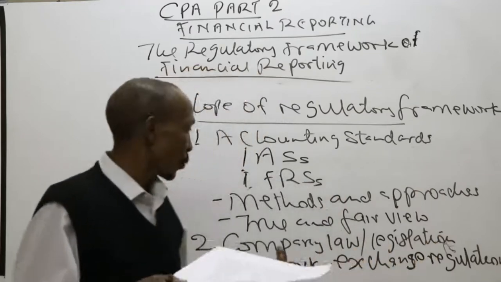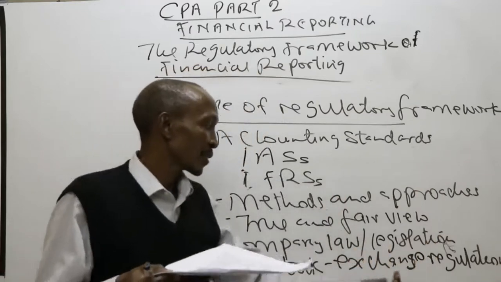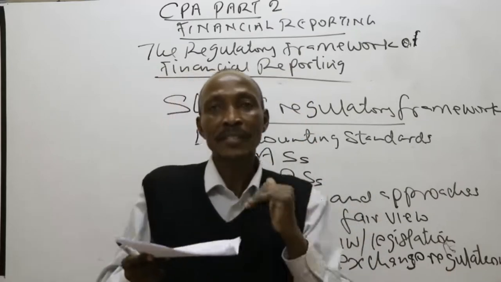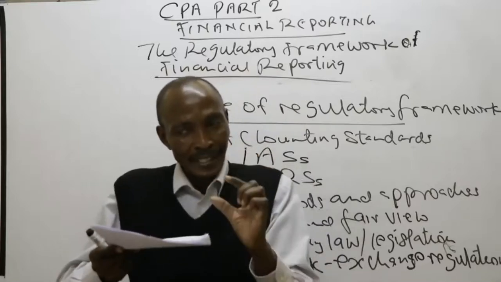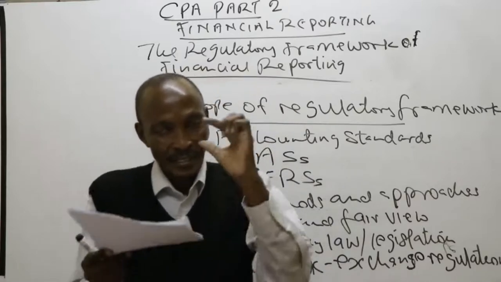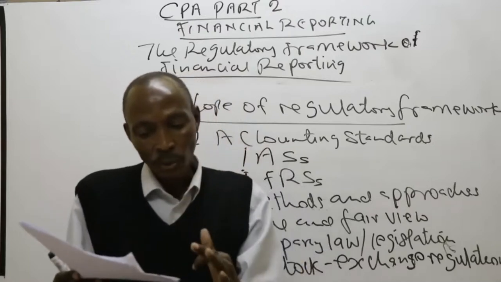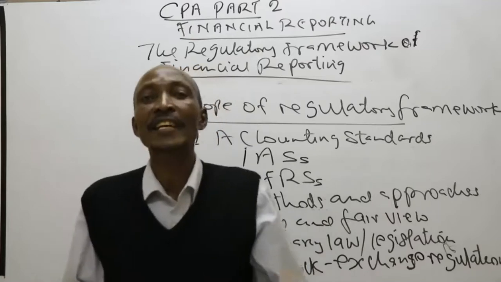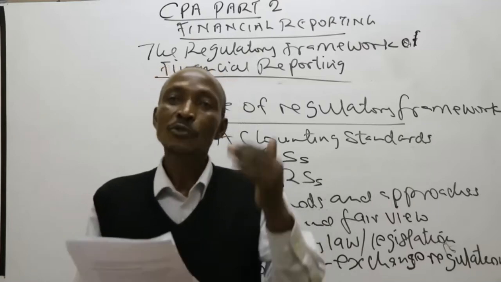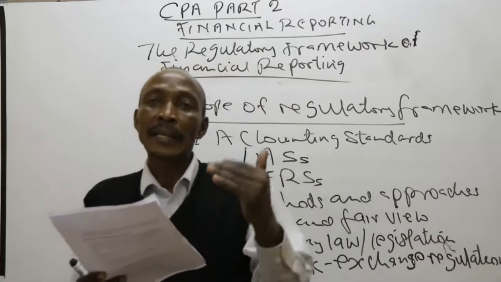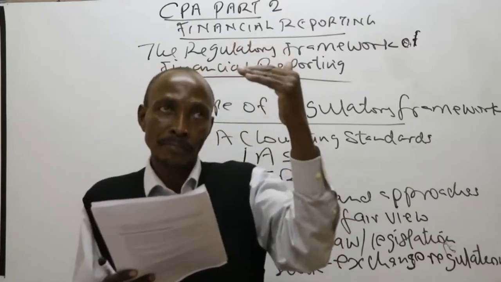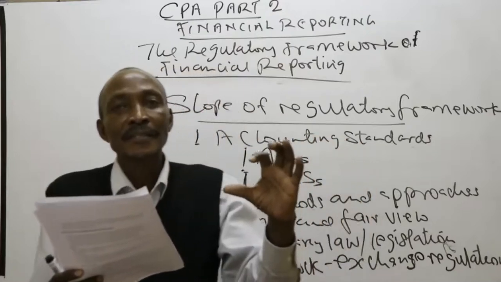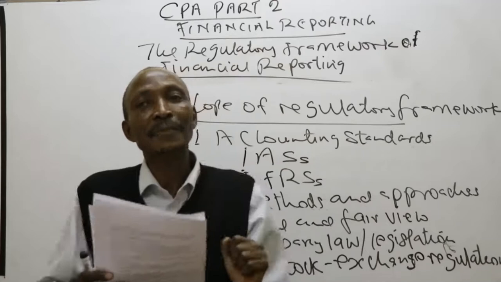How does this relate to accounting? Among the stock exchange regulations are certain requirements that when a company is presenting financial statements, it must disclose certain information. There are certain aspects of information that it must disclose so that the persons who are going to buy shares or acquire shares in that particular company are able to understand fully the performance, the financial position of the company, and any risks that they will be taking by buying shares in that particular company.